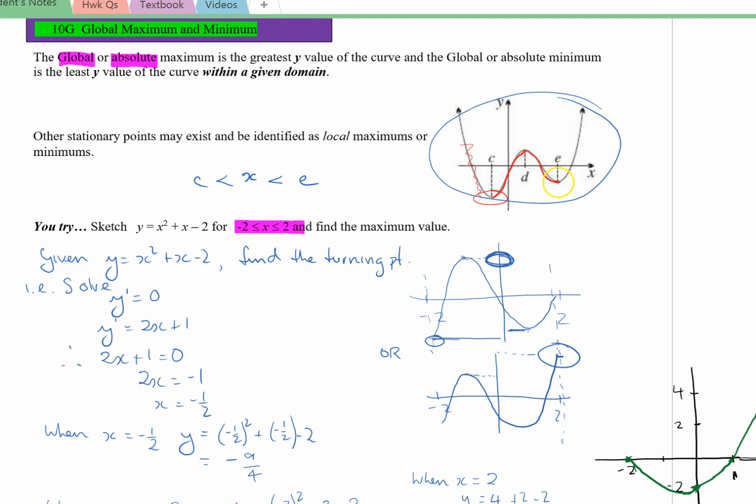And likewise over here at E, and of course we will always have our turning points easily identified. Okay, let's have a look at this example now.